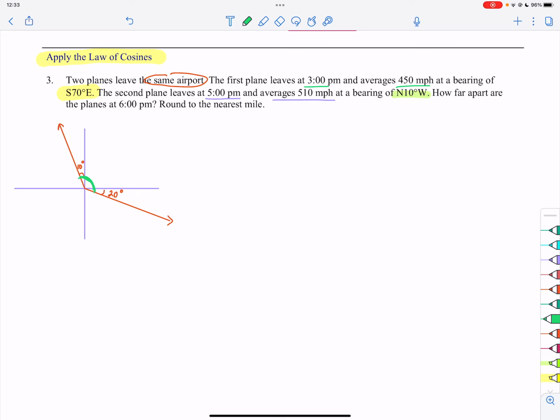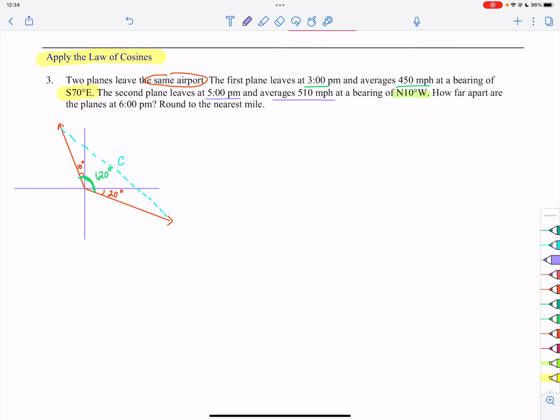So that would be 120 degrees. So now we can go ahead and place our dashed line in right here, and let's call that side C. And we're going to talk about side A and side B.